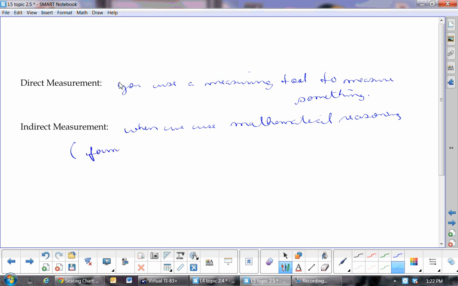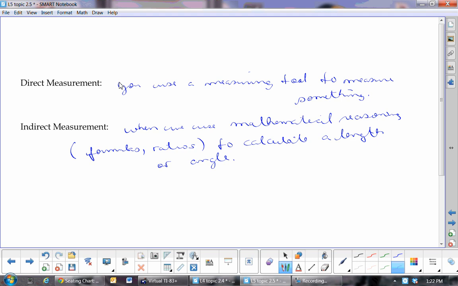Formulas, ratios, to calculate a length or angle. Okay? And it can be, and it is, extremely accurate.